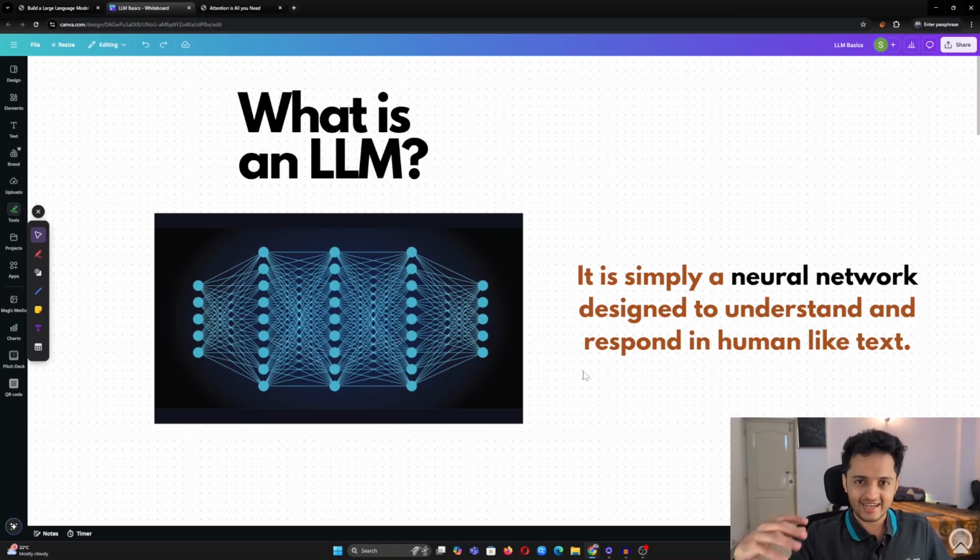You can think of it like a factory, and there are a lot of workers here in the factory who can learn a specific task, and their goal is to learn the human language. Their goal is to respond in human language. Their goal is to talk like humans, right? In simple words, an LLM is a neural network which is designed to understand and respond in human-like text.